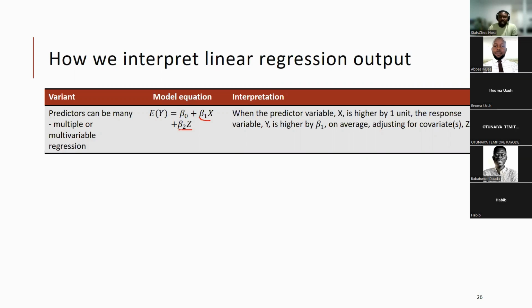Let me take that again. When you have more than one variable, this is multivariable regression or multiple regression. The average that you're interested in for beta 0 is the average when you set everything else to 0.